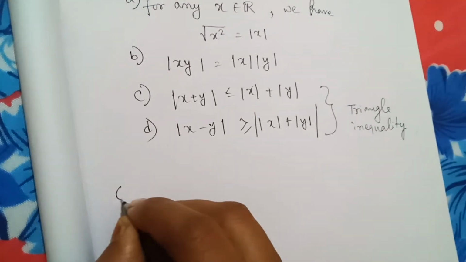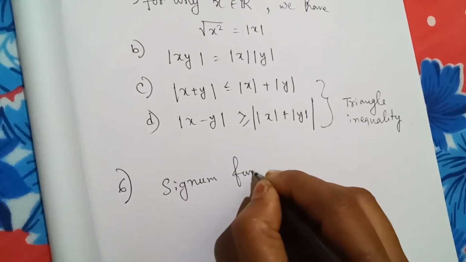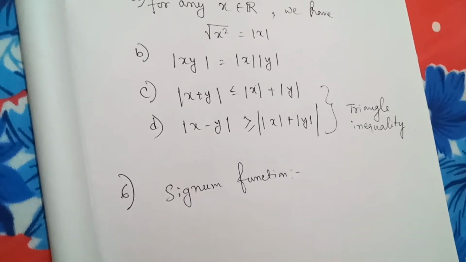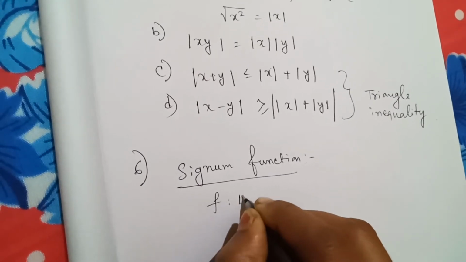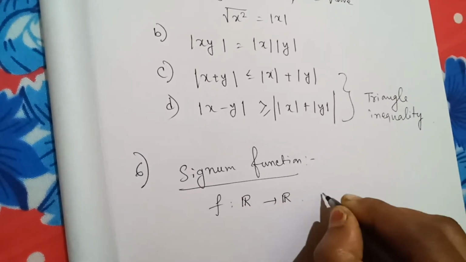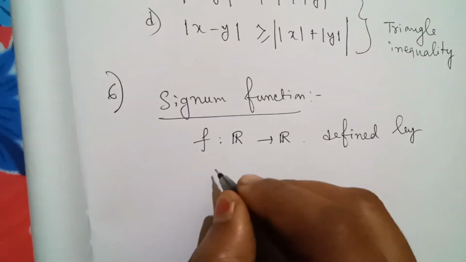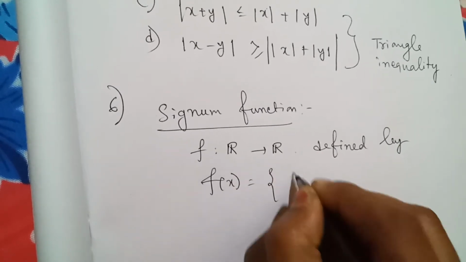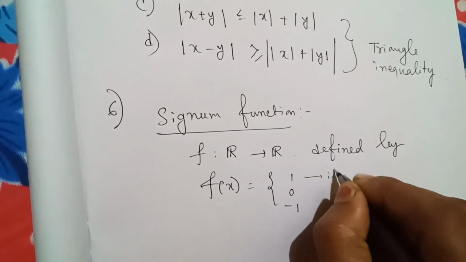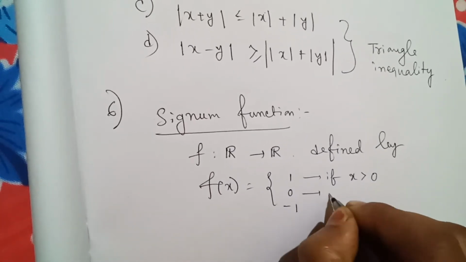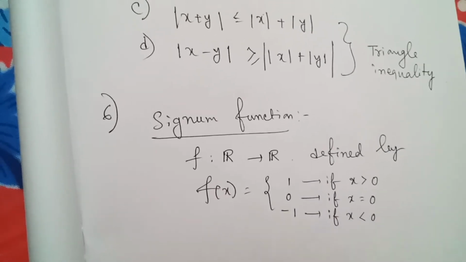Our next, that is number 6, is the signum function. Signum function means, suppose there is a function from R to R defined by f of x equals 1, 0, minus 1, if x is greater than 0, if x equals 0, if x is less than 0.